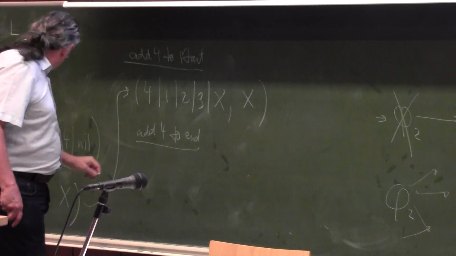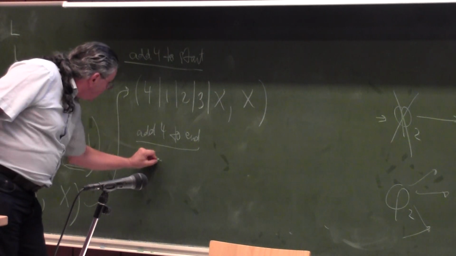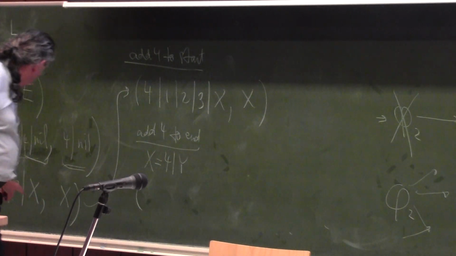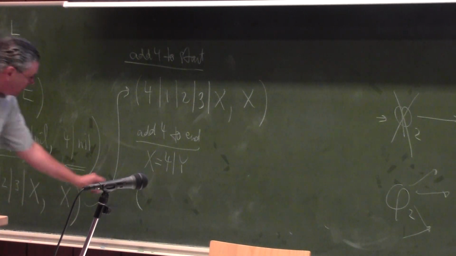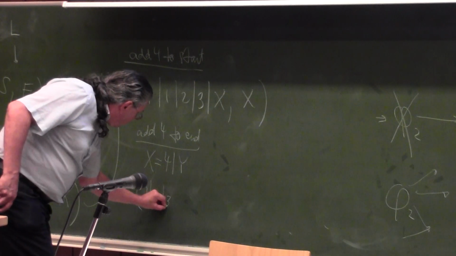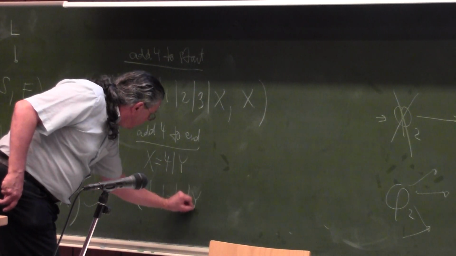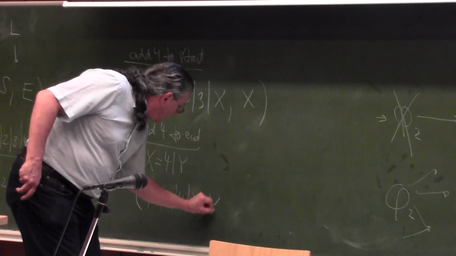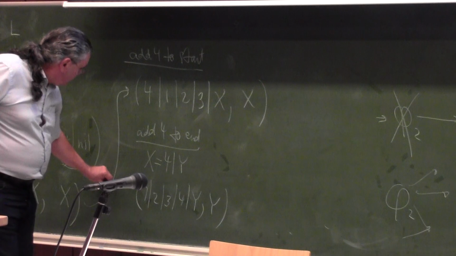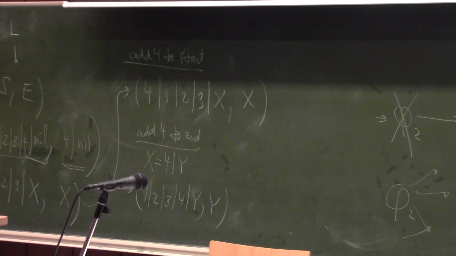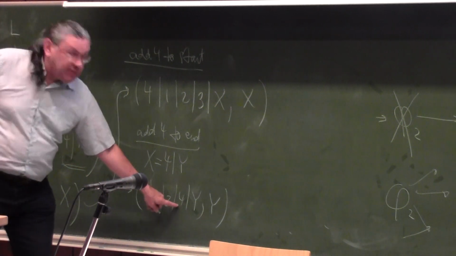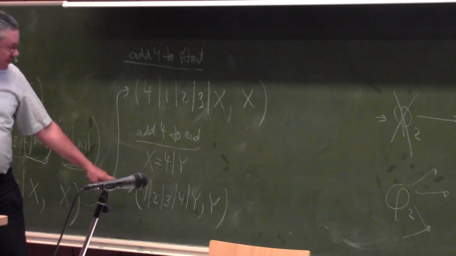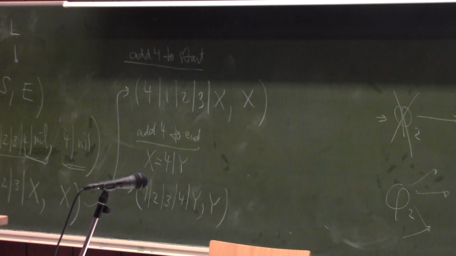If I want to add 4 to the end, I bind X to 4Y, and then I use the first argument, which is 1, 2, 3, 4Y, and I replace the X by Y here. I use Y. And now I have 4 at the end: 1, 2, 3, 4, Y, comma Y. So this is the list 1, 2, 3, 4.